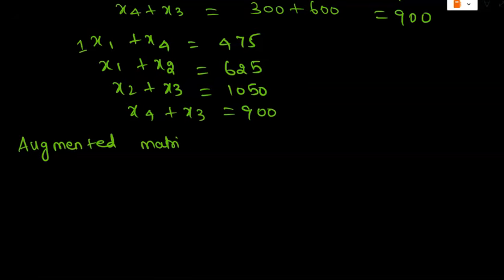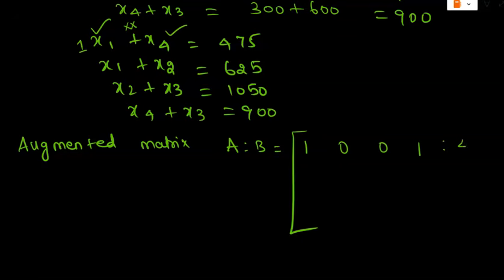is given by A colon B. Here x1 is there, coefficient is 1. There is no x2, there is no x3, so x2 and x3 will become 0. And there is one x4: 1 colon 475. Similarly, here the x1 and x2 coefficients are 1, 1, no x3, no x4, 625.